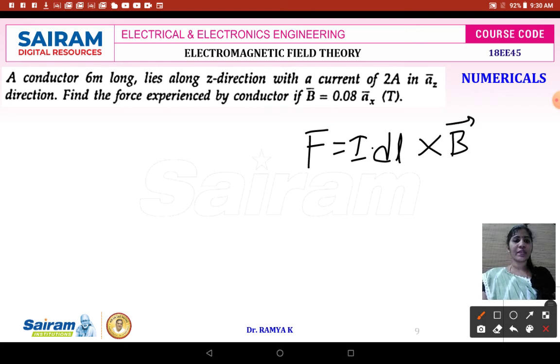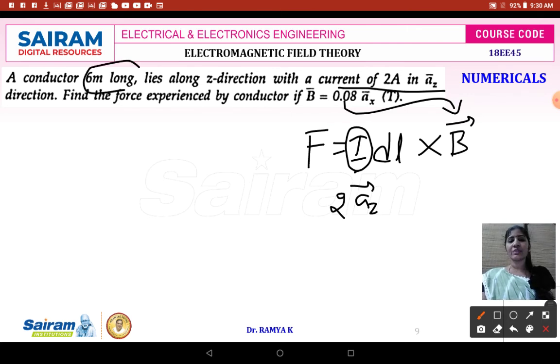The value of magnetic flux density given in the problem is 0.08 AX Tesla. The current flowing through the conductor is 2 amps in the direction of AZ, and the value of dl is 6 meter along your AZ direction.